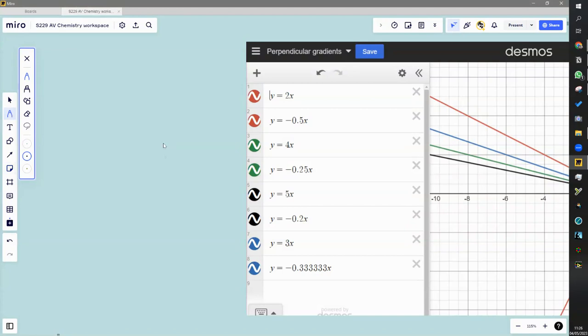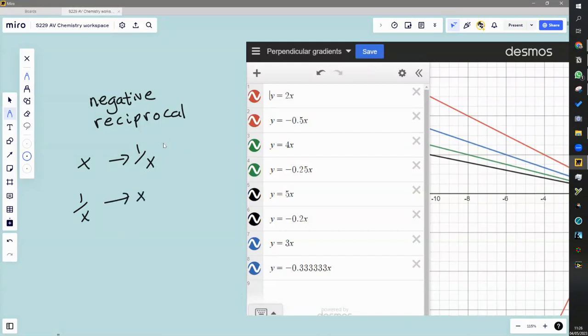So I use the phrase negative reciprocal. The reciprocal of x would be 1 over x, but also the reciprocal of 1 over x would be x, because we're doing 1 divided by 1 over x.